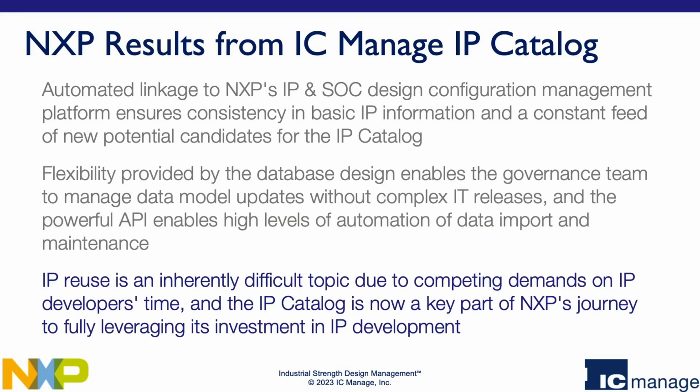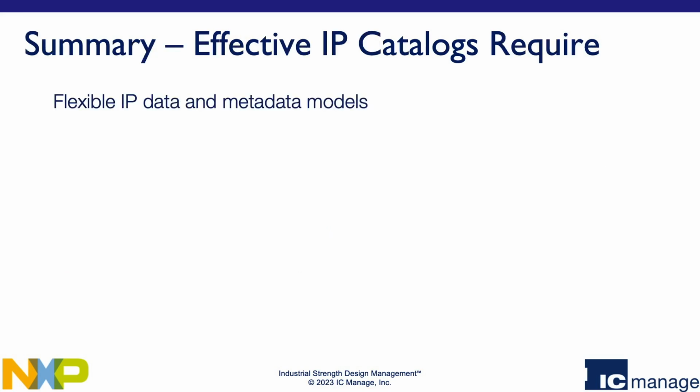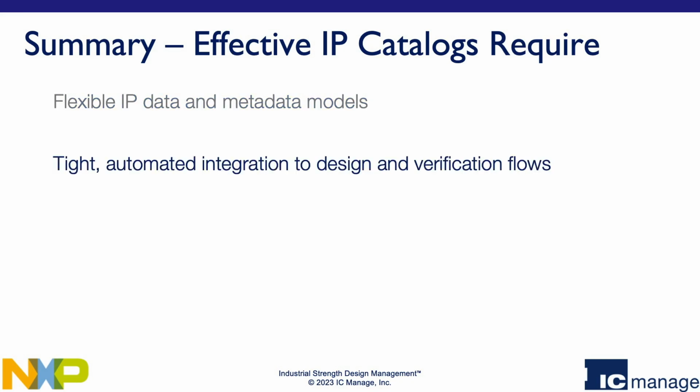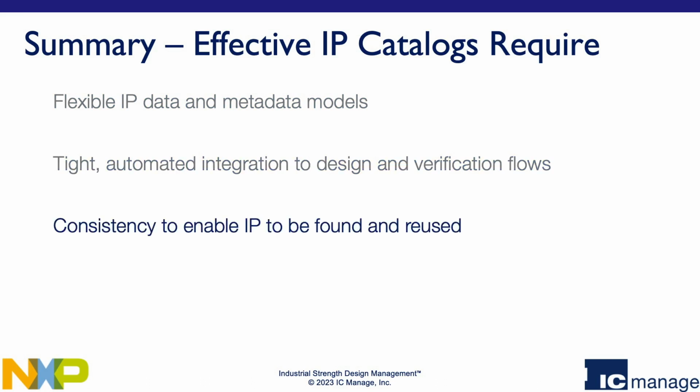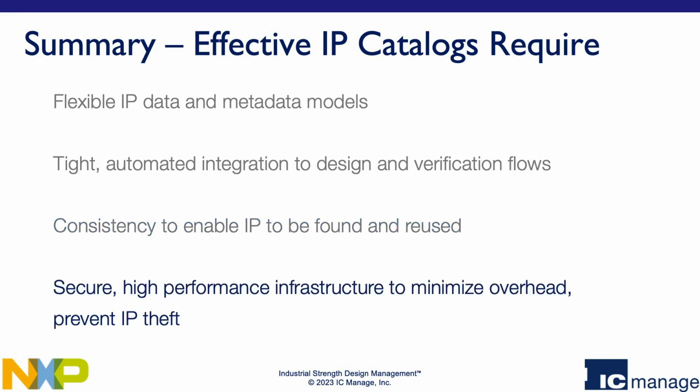And the IP catalog is the key to improving return on investment from IP reuse. So let's recap. An effective IP catalog requires flexible IP data and metadata models, tight automated integration to design and verification flows, consistency to enable IP to be found and reused, and a secure, high-performance infrastructure to minimize overhead and prevent IP theft.